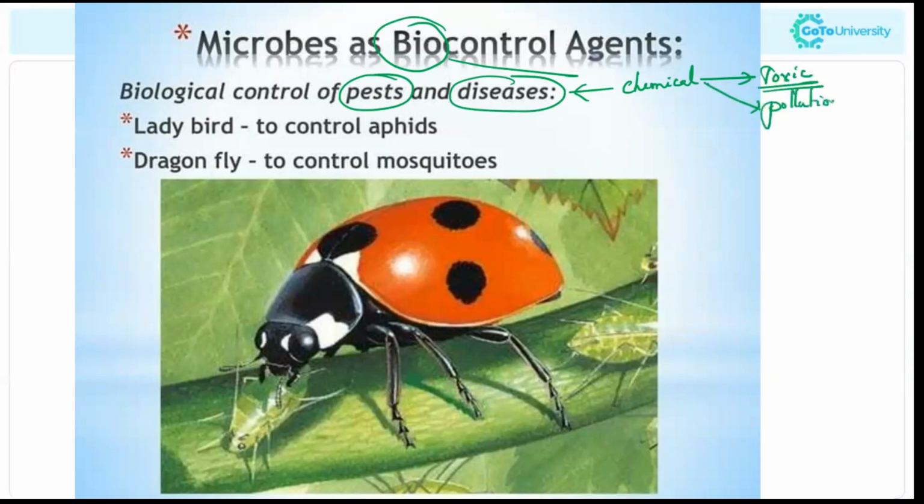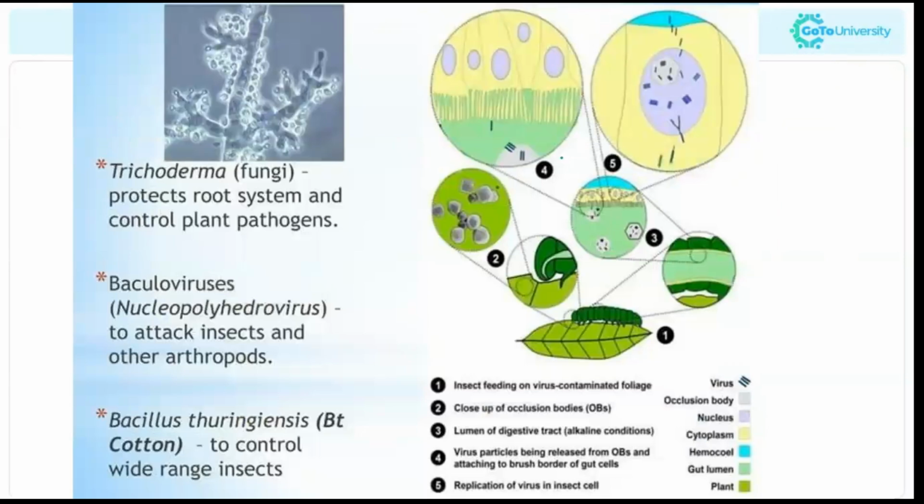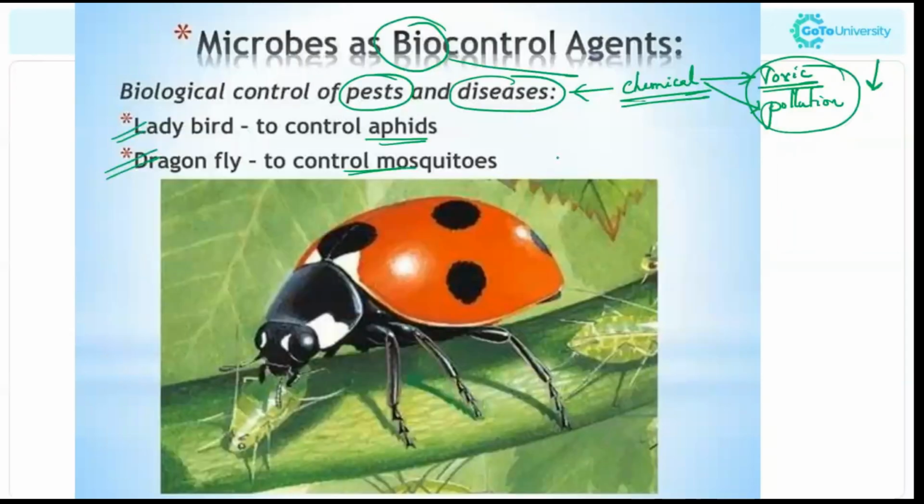So biocontrol agents can reduce the toxicity or pollution caused by these chemicals. For example, the ladybird can control aphids, and the dragonfly can control mosquitoes. These are examples of biocontrol agents.